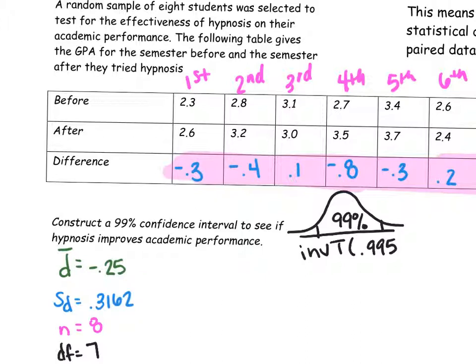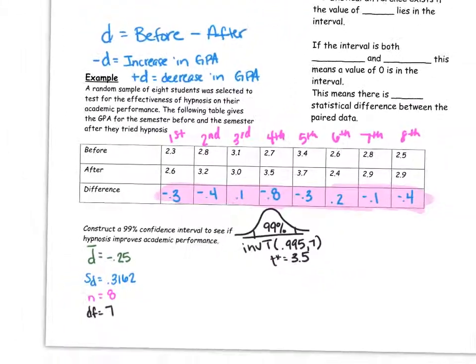So inverse T, 0.995, 7. And my T star is 3.499, so we'll say it's about 3.5. A solid 3.5. Y'all okay with that? Now, we just need to go back and plug into the formula, right?